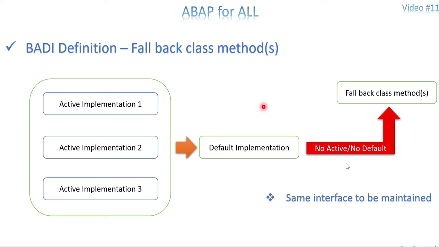Wherever you are using it for implementation, you have to maintain the same interface methods. That is very important. The idea is very simple: the number of methods should be the same in all the classes, because everything depends on one BADI definition. It should not be that one implementation class has 3 methods and another has 4. So you have to maintain the same interface in all the classes.